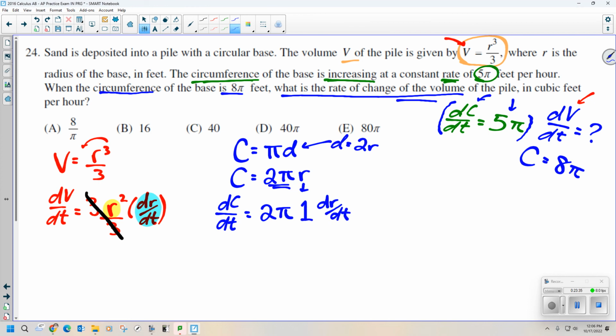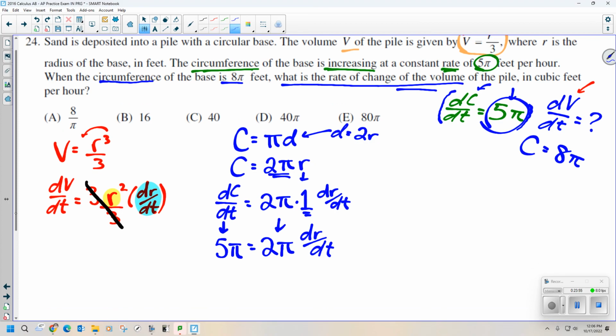Look at that. The change in rate of the circumference is 5 pi, so 5 pi equals 2 pi. Anything times 1 is just itself. dr/dt. There we go. We can find dr/dt right now because it's our only unknown.